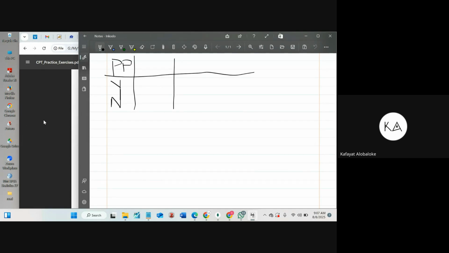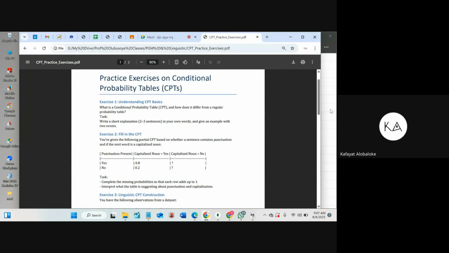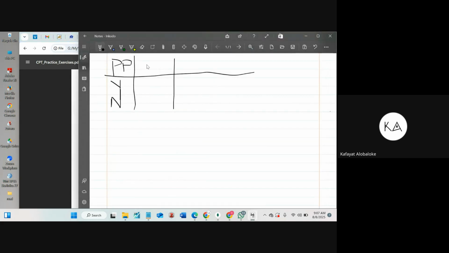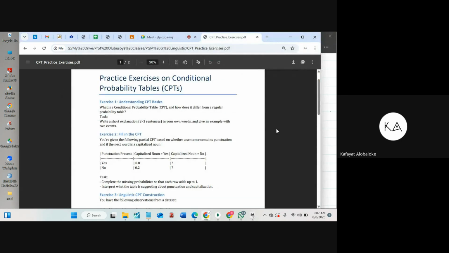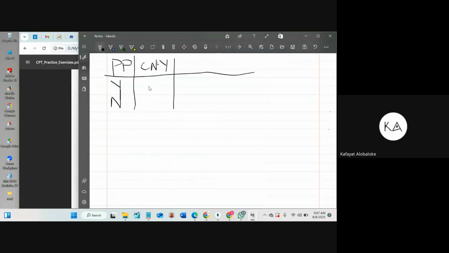And then the probability that the next word is going to be a capitalized noun, in this case is 0.8, and 0.2 for when the punctuation is absent.